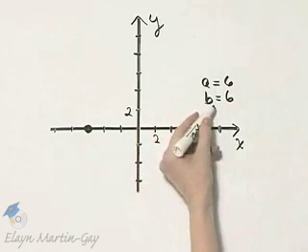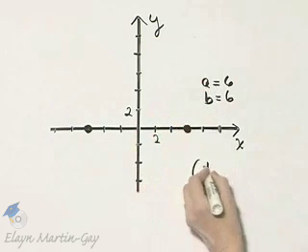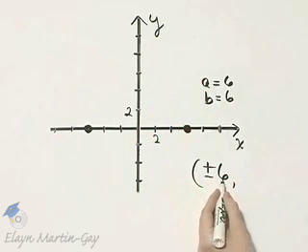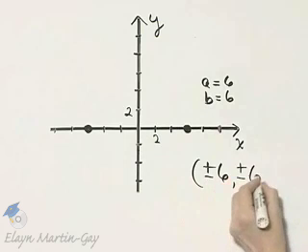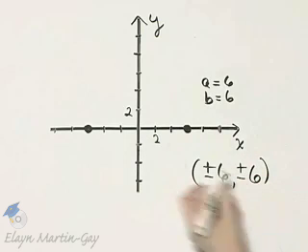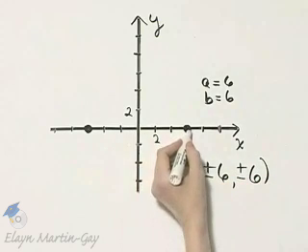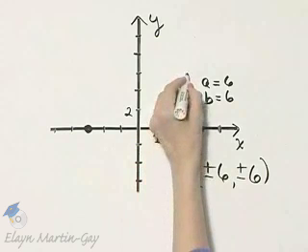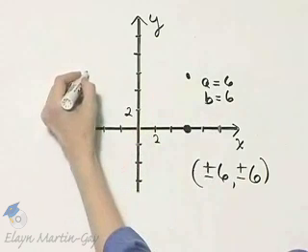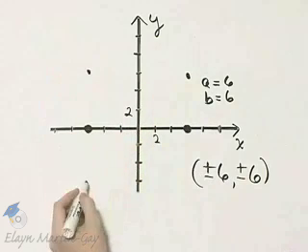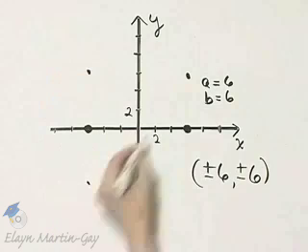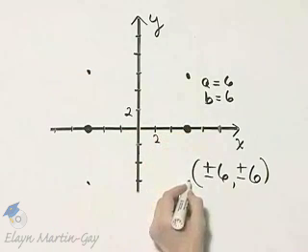We'll look at all ordered pairs of the form plus or minus 6, that's plus or minus a, plus or minus 6, that's plus or minus b.